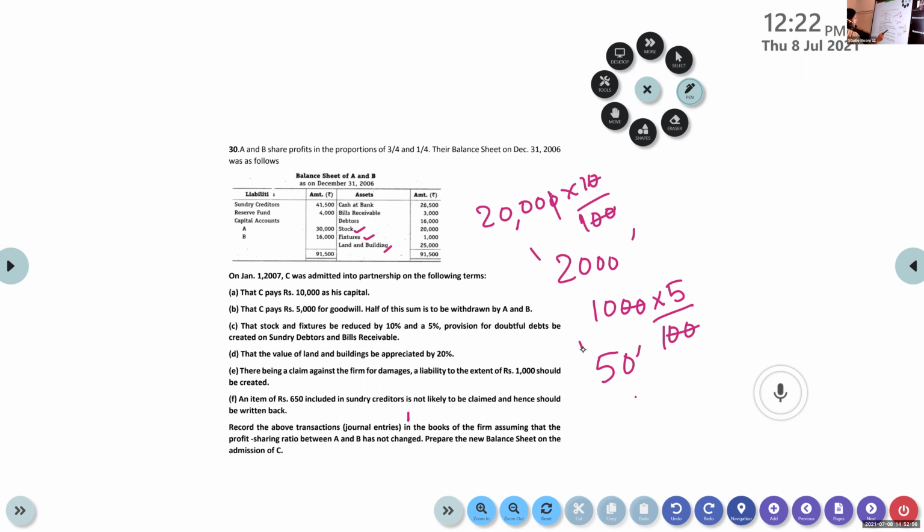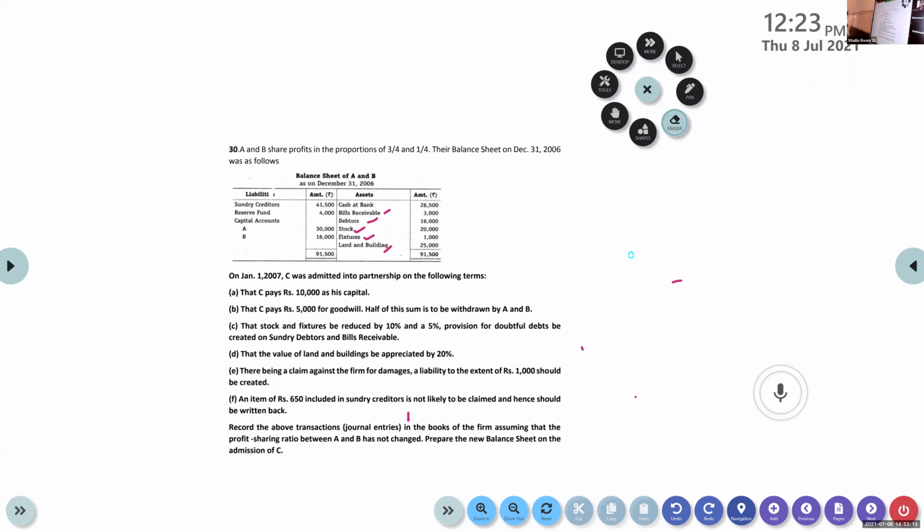And provision for doubtful debts to be created on sundry debtors and bills receivable. Provision is also required for sundry debtors and bills receivable. We'll create provision. Then land and building, 20%, it will increase. There being a claim against the firm for damages, a liability to the extent of rupees 1,000 should be created.